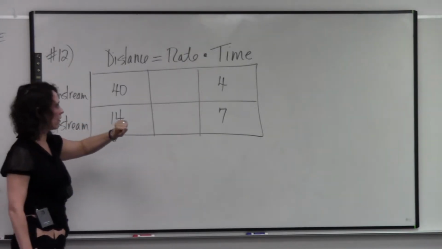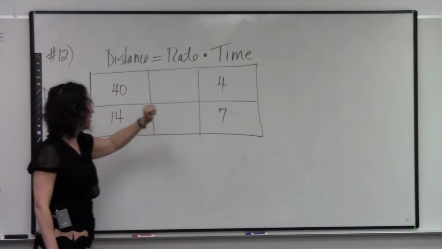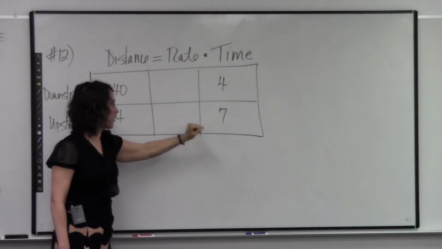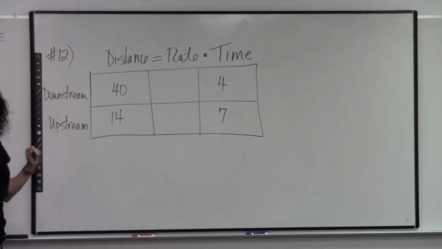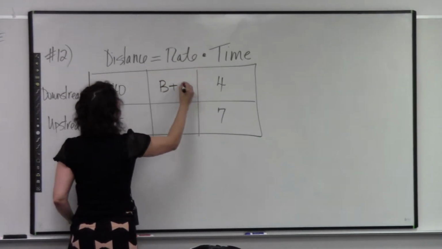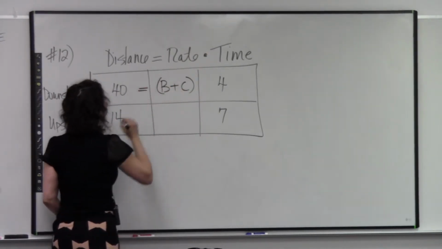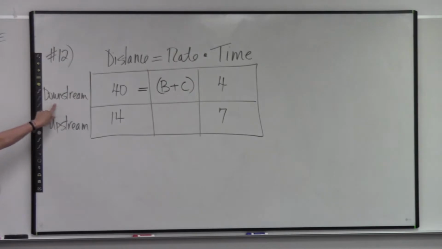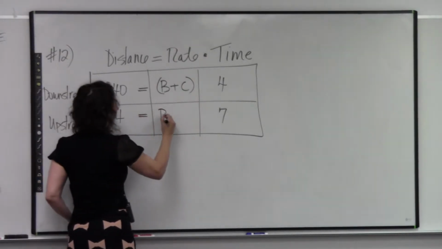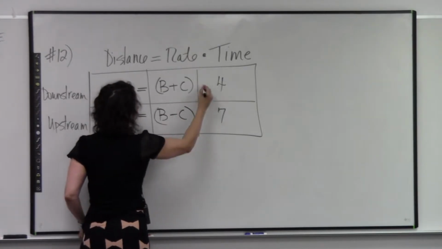Time, they told me it took 4 hours to go downstream, and it took 7 hours to go upstream. We have to remember that when we're going downstream, it's the speed of the boat plus the current, so we go faster. Upstream, we're going against the current, so we're going to be subtracting.